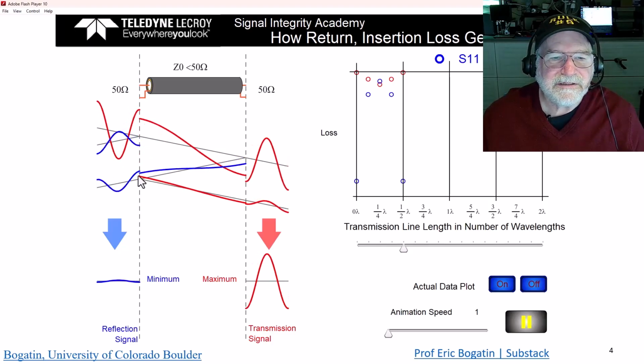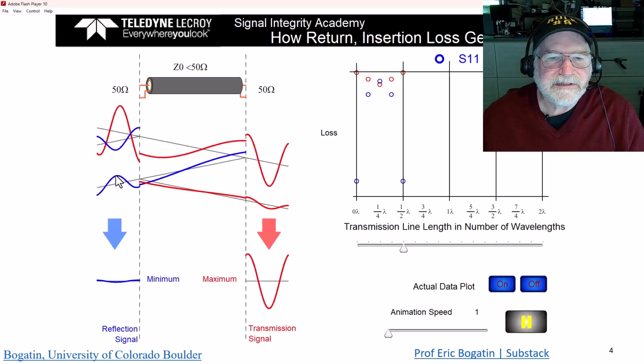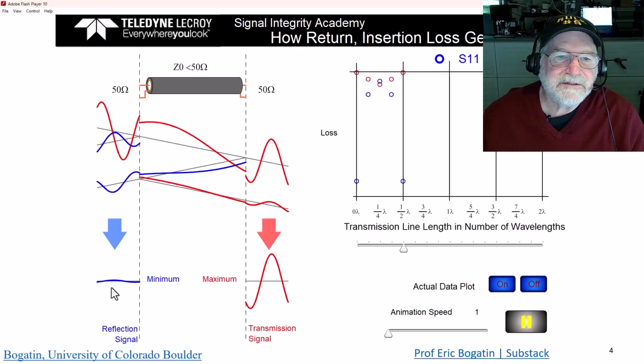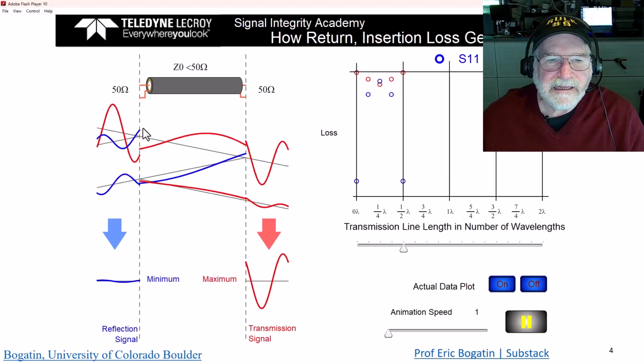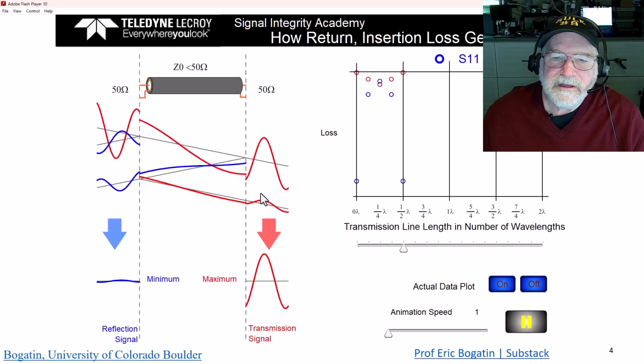This wave now is a whole cycle change. These are still 180 degrees out of phase. They're going to interfere. We're going to have a minimum in the S11 when the length of the interconnect is a half a wavelength, and we're going to have a maximum in S21.